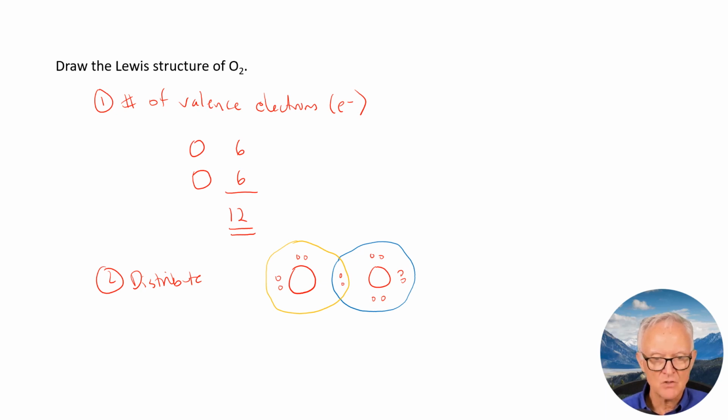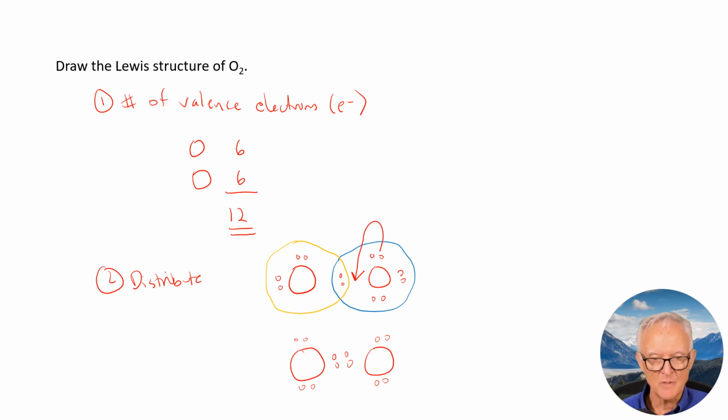So let's try again with 2 oxygens. And this time we're going to move one of these lone pairs between the 2 to make a double bond. And if we do that, we've used up 4 electrons. We've got 8 more to go. Let's put 2 lone pairs on each of the other 2 oxygens.